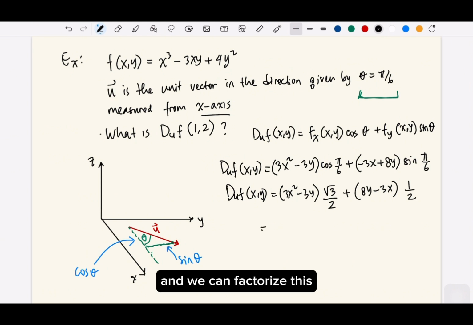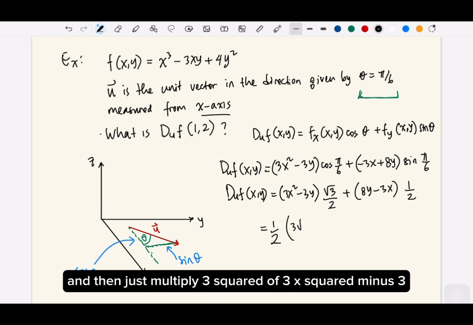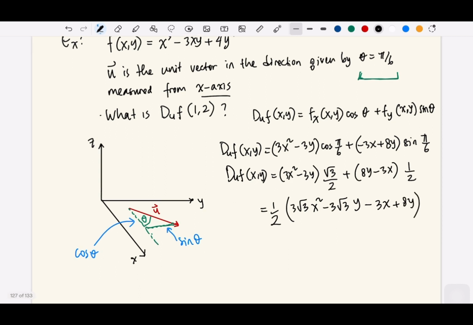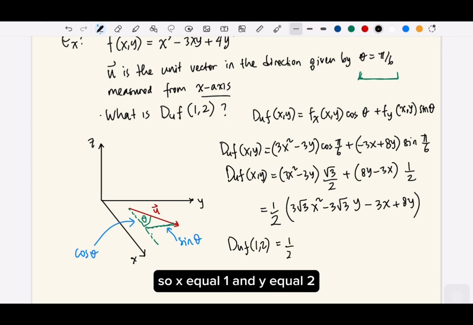And we can factorize this. Then just multiply: 3 square root of 3 x squared minus 3 square root of 3 y, minus 3x plus 8y. And then I think we can just plug in the point (1, 2), so x equals 1 and y equals 2.